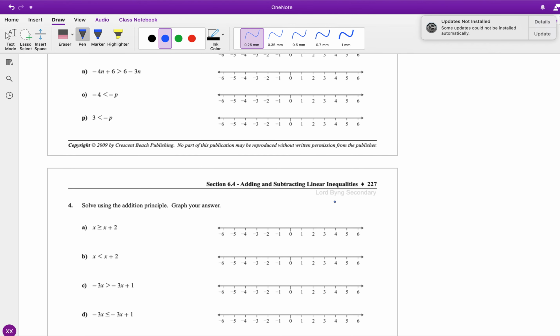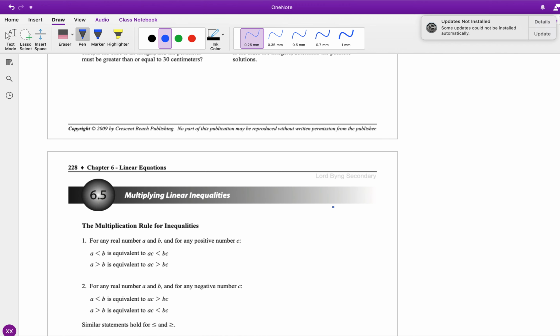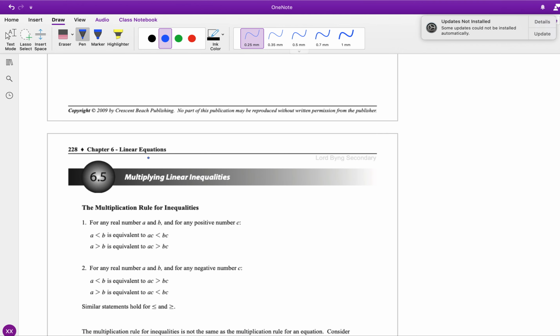So when you multiply something or divide something, see now it's multiplying. What does multiplying mean? It means that when you solve inequalities, you involve multiplication, right?